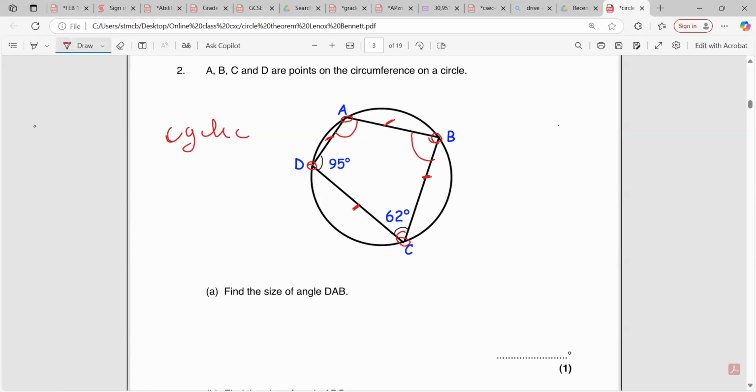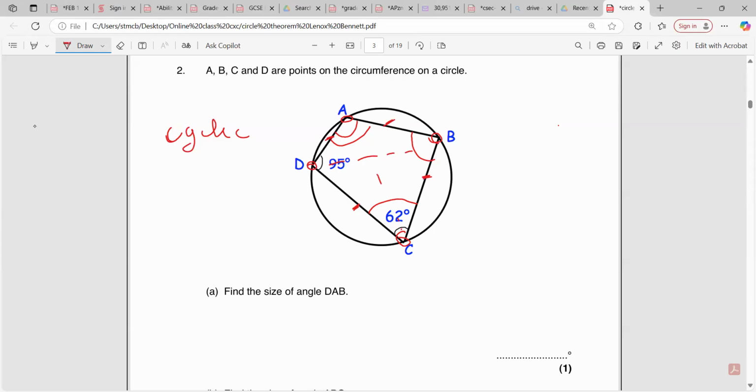The thing about a cyclic quadrilateral is that the opposite angles are supplementary, meaning they add up to 180. So this 62, plus angle A, must add up to 180 degrees. And the one with 95, opposite, right? You can just draw one line and you see the one that is opposite to it.